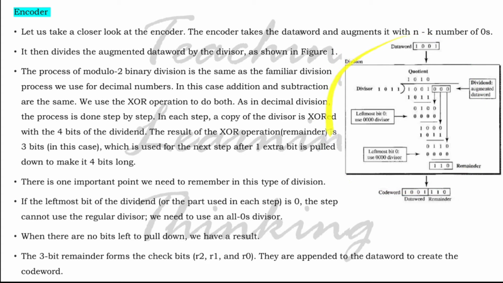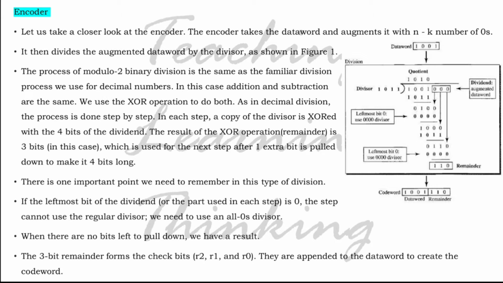If you see, the data word is 1001 and the divisor is 1011, and we are dividing it. 1011 is the divisor and 1001 is the data word, and we are adding 3 zeros to the right side, because we need to make it a 7-bit code word, and we are dividing it.